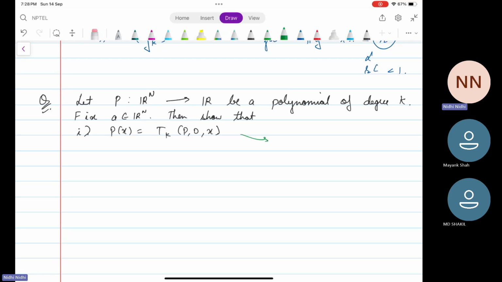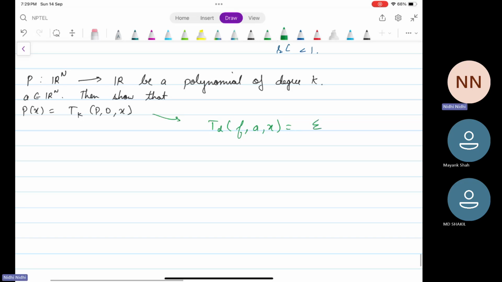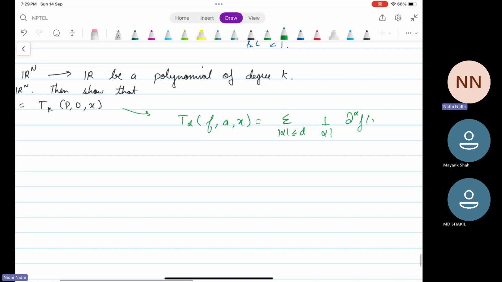Yes, we have the Taylor polynomial of f at a. This is by definition the summation over mod alpha less than or equal to k of 1 upon alpha factorial times del alpha f at a times (x minus a) to the power alpha, where this alpha is a multi-index.